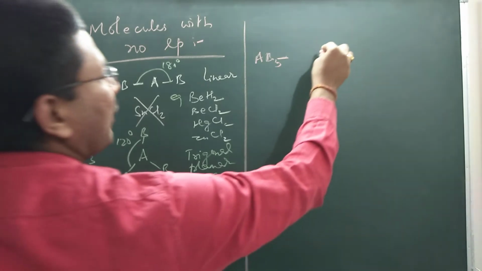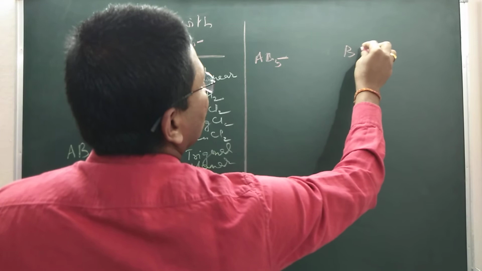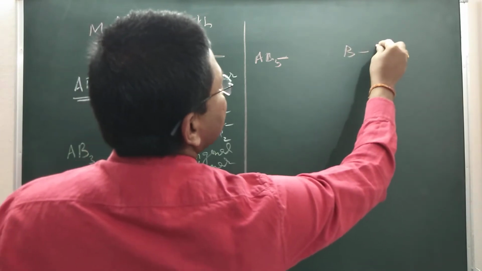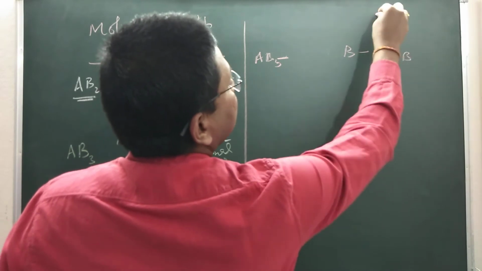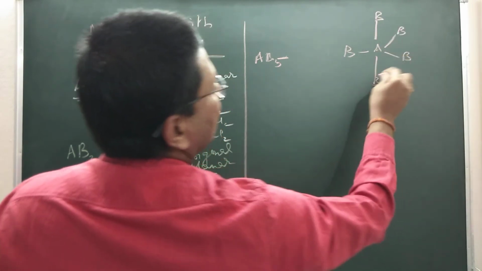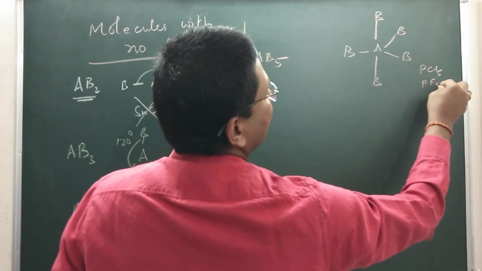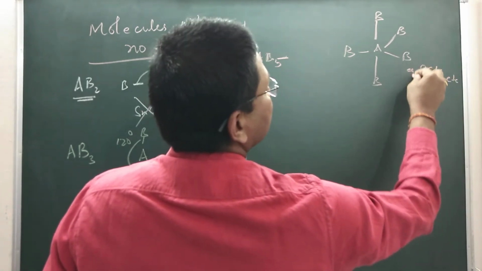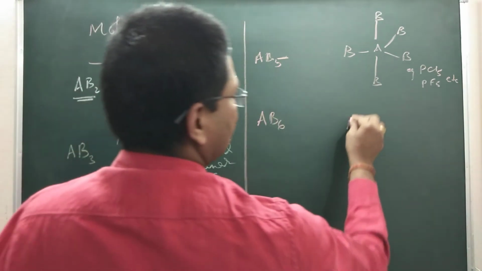Next is AB5 type. In AB5 type, the shape is trigonal bipyramidal. So this is like this. Common examples are PCl5, PF5, etc. Next is AB6.